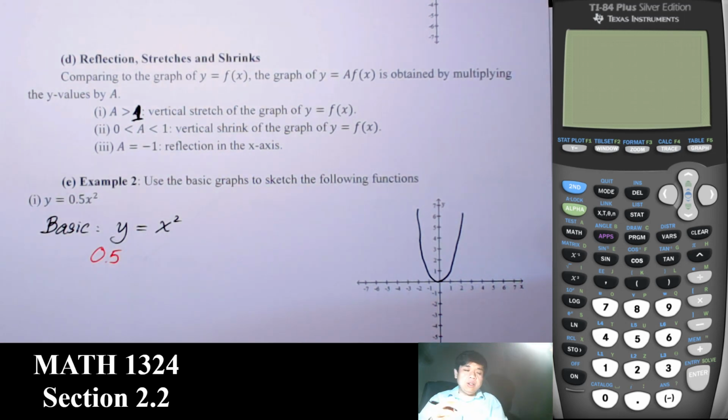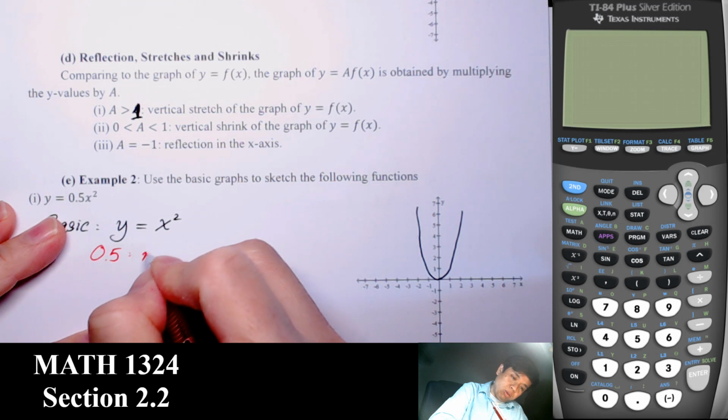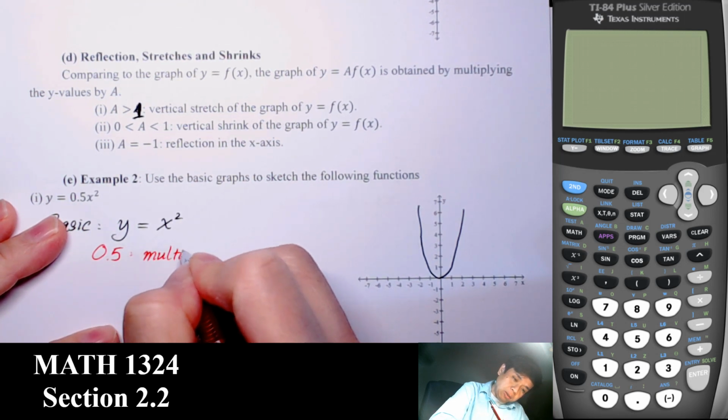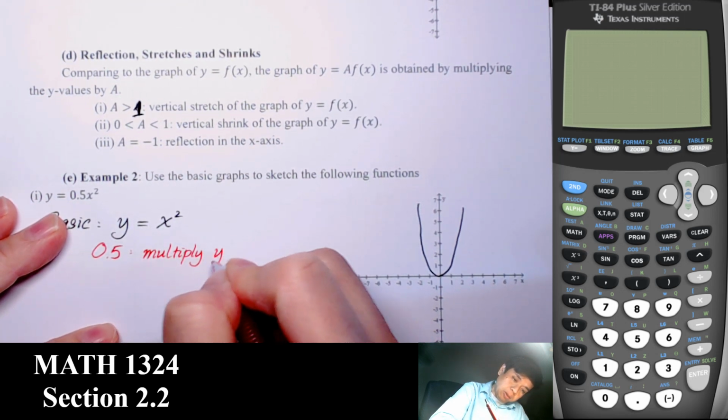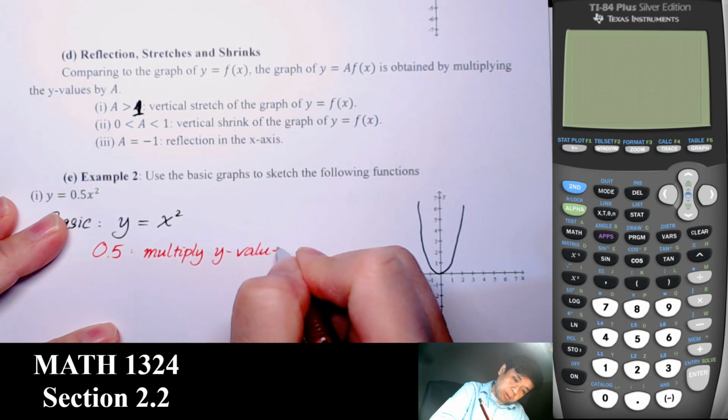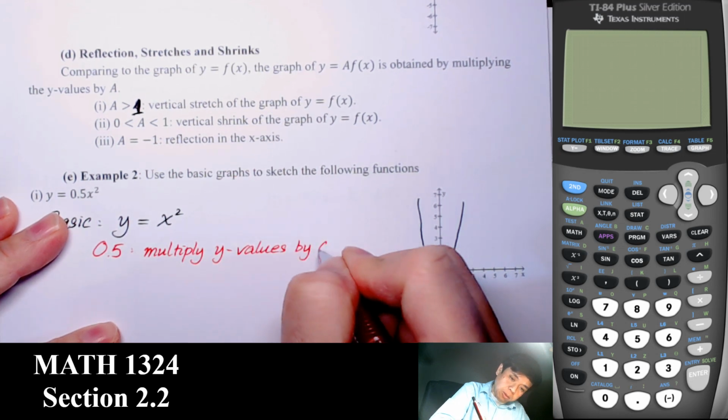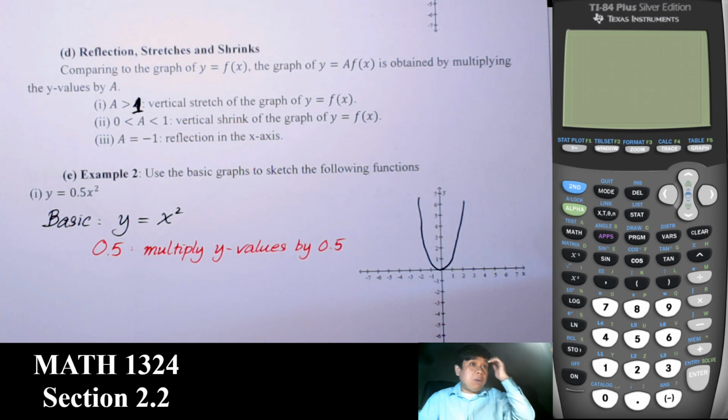So if we multiply the y values by 0.5, a positive number multiplied by 0.5 gives something smaller.